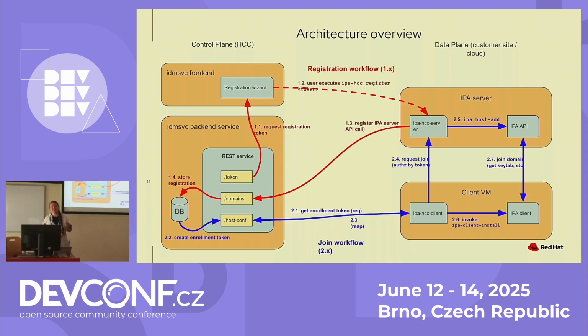In our case, it's going to be IDM, the identity domain, with the registration command IPA HCC register, followed by the token that the Podengo service provides you with.